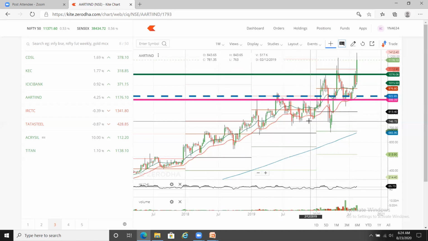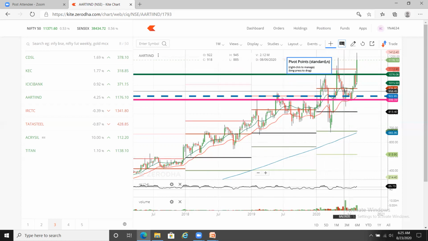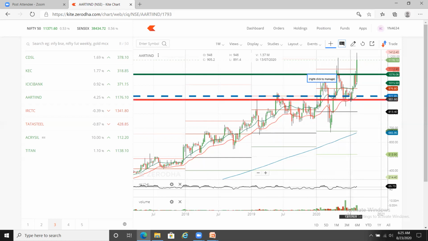So there are multiple resistances around 895, 900 levels. The thumb rule is that once your chart has surpassed multiple resistances in the past, then obviously it will take support in future at those levels. So this is the simple horizontal price action support and resistance formula.